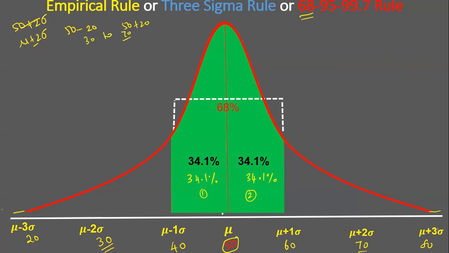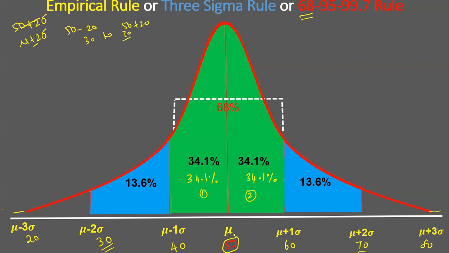Like that only we are going to calculate. Now, which will be the area here? How many percent will come for this blue color area? Actually it is coming 13.6%. From this diagram I can say, from 60 to 70, 13.6% of people would have got the marks. From 30 to 40, 13.6% will have the marks.